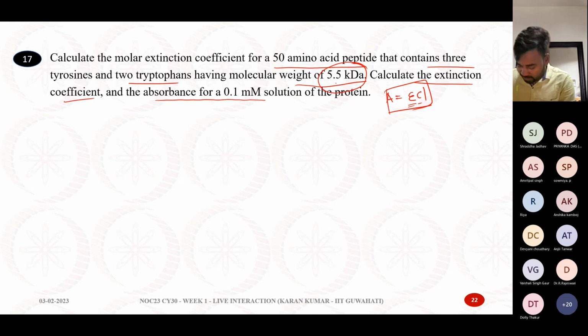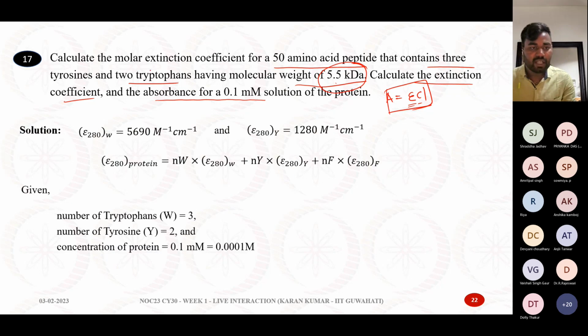Now to calculate, how will you proceed? As in the last equation that I gave you, when you calculate the molar absorptivity coefficient for a protein, you need to know the number of tryptophan, the number of tyrosine, and the number of other amino acid residues.